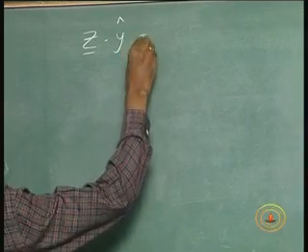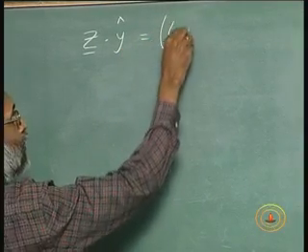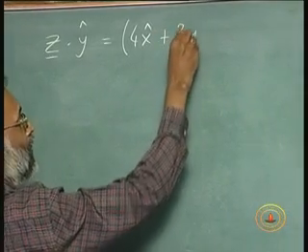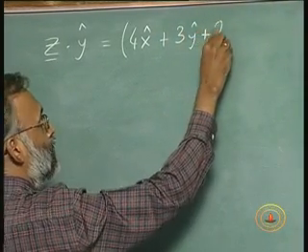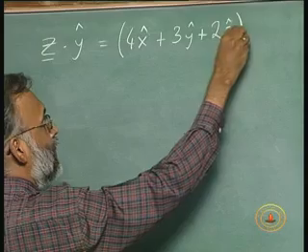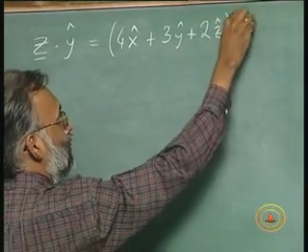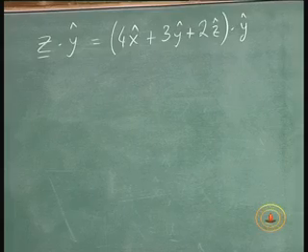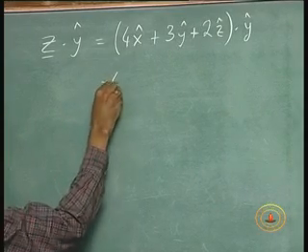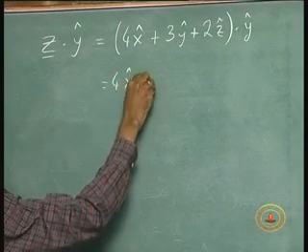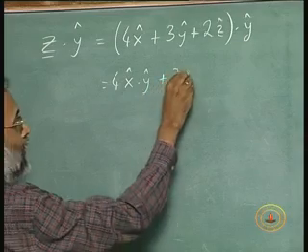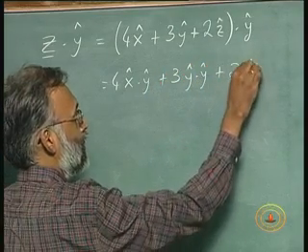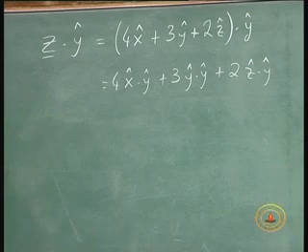So, then I would say it is equal to 4 unit vector along x, 3 unit vector along y, 2 unit vector along z dot y hat, which will be equal to 4 x hat dot y hat plus 3 y hat dot y hat plus 2 z hat dot y hat.